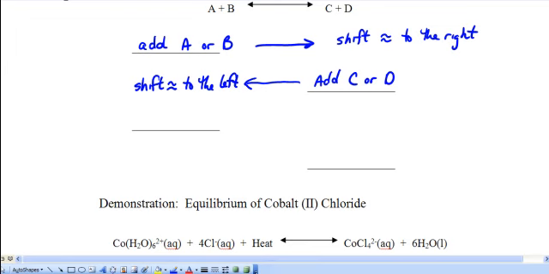All right. On the other hand, you could remove something. If you remove A or B, in order to minimize that effect, you have to fill it back up. Well, how do you fill it back up? You have to shift this equilibrium to the left, or draw equilibrium to the left.